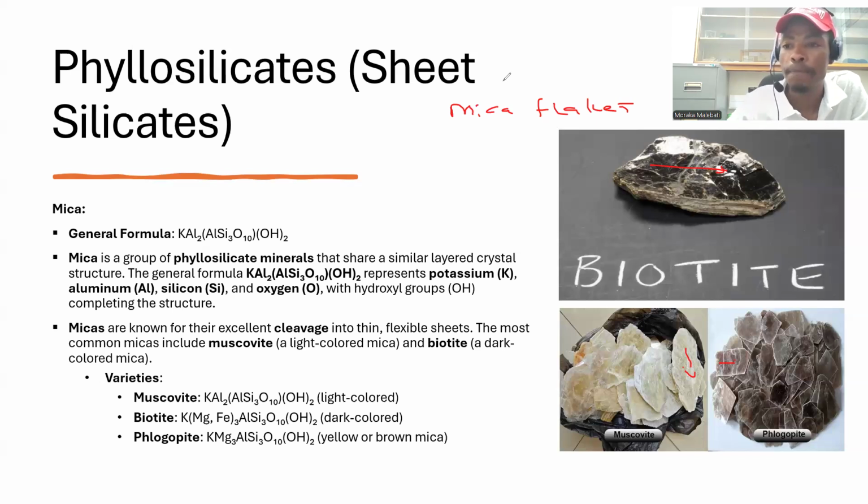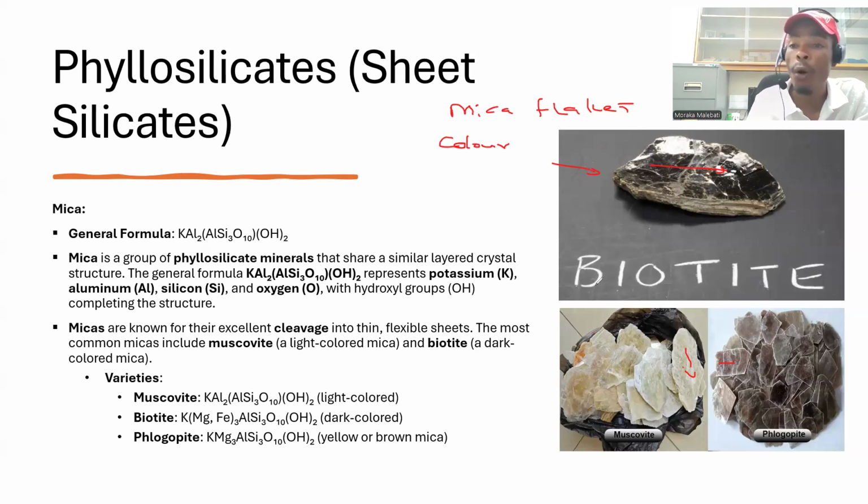So how can you differentiate the micas? All of them have cleavage in one direction, so you can differentiate them by color. The black one will be biotite. The light or colorless one would be muscovite.